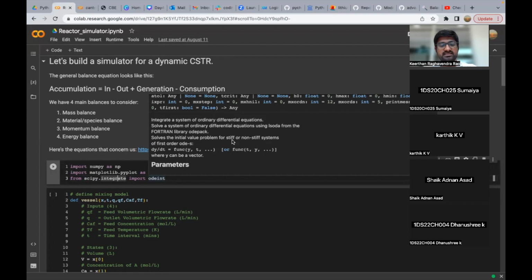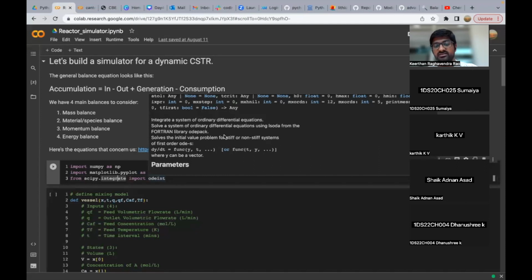If you don't know what stiff and non-stiff systems are: in a non-stiff system, you have a continuous time-dependent parameter that does not vary exponentially within a short span of time. But when it comes to a stiff problem, there's almost a discontinuity within the parameter, depending on the temperature or the time.